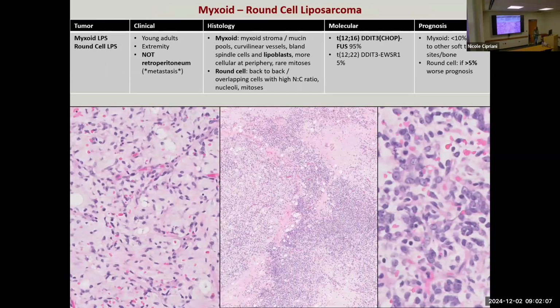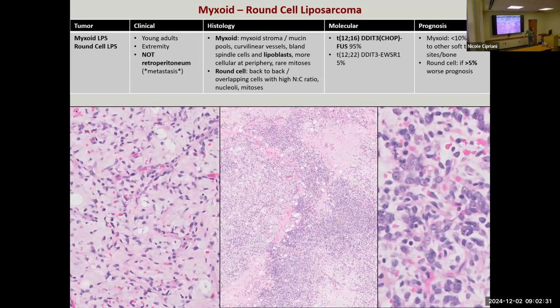Myxoid round cell. Usually this is of younger adults, usually in the extremity, and it shows these curvilinear thin-walled blood vessels with lipoblasts. So you should see lipoblasts in myxoid liposarcoma. You should not see those hyperchromatic angulated ugly stromal cells; these cells are actually quite bland.